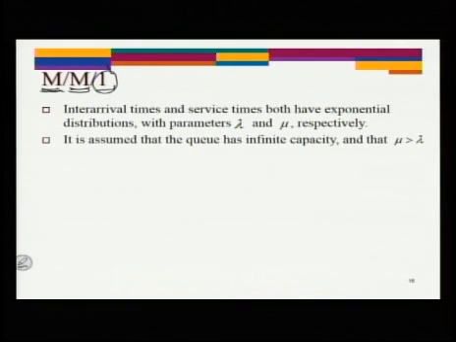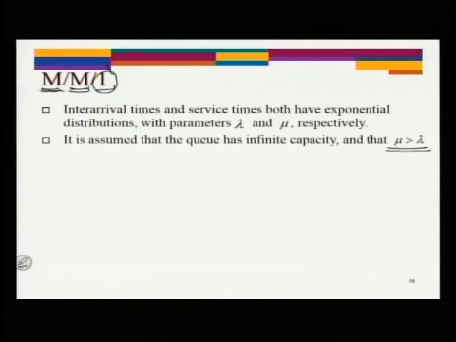And in this case, we assume that lambda is less than mu, so that the queue length does not tend to increase indefinitely.